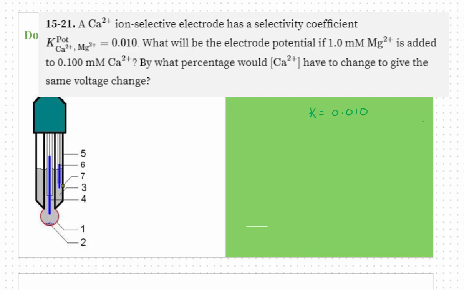So what the selectivity coefficient means is it is the response that the electrode has to this over the response to this. So when I say that the selectivity coefficient is 0.010, that's a decent selectivity coefficient because what I'm looking at is response to magnesium over response to calcium.